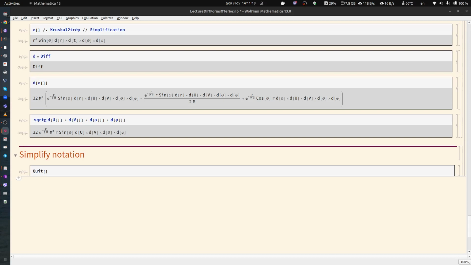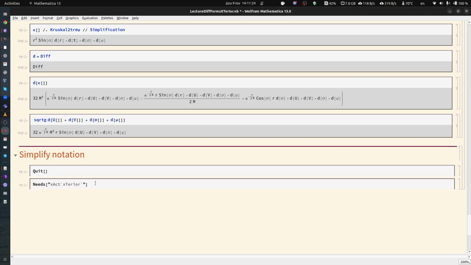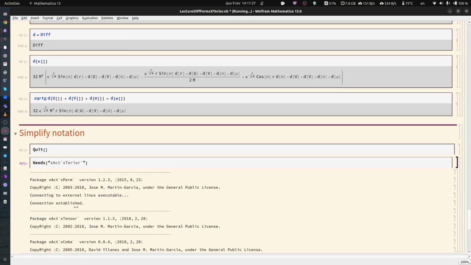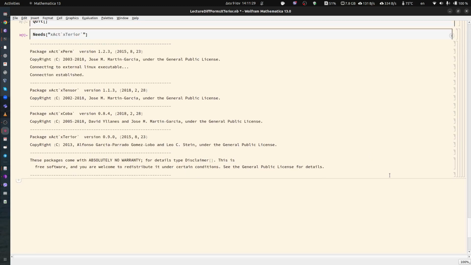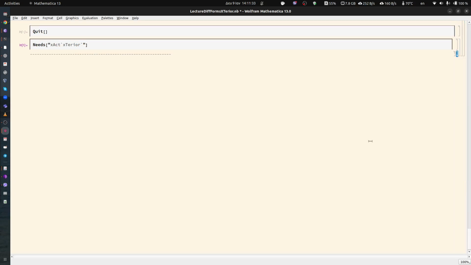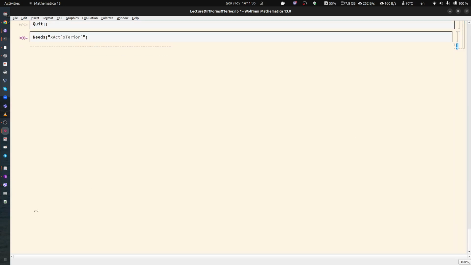Then we load xTerior again. And now we define the four-dimensional manifold using slightly different notation.